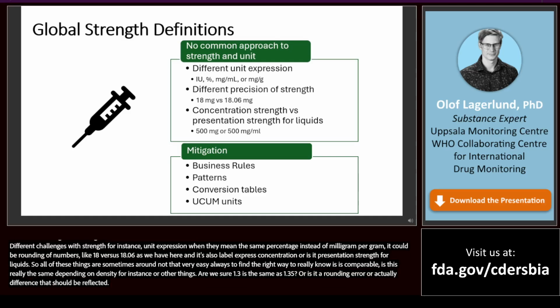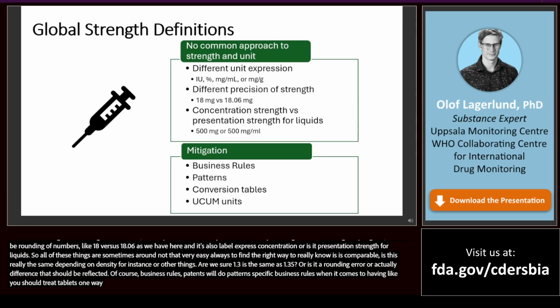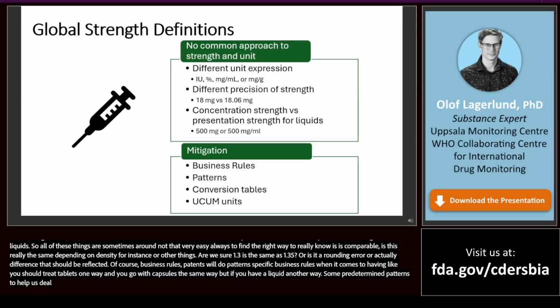So, of course, business rules. We also use patterns. That's a specific kind of business rule, where you should treat tablets in one way, and you go with capsules in the same way, but if you have a liquid, then you go another way. Some predetermined patterns help us deal with how to classify the different strengths, what to use.